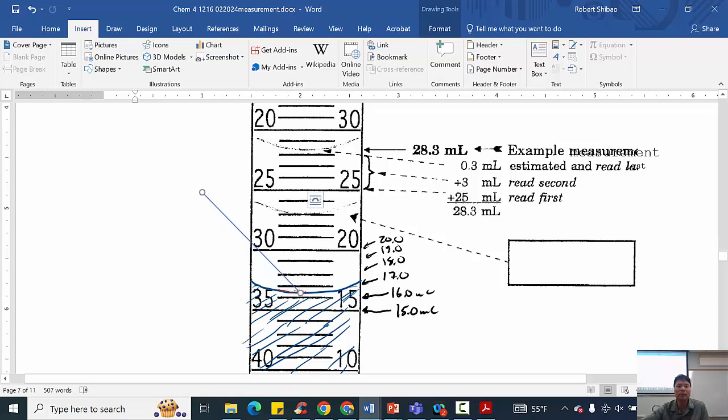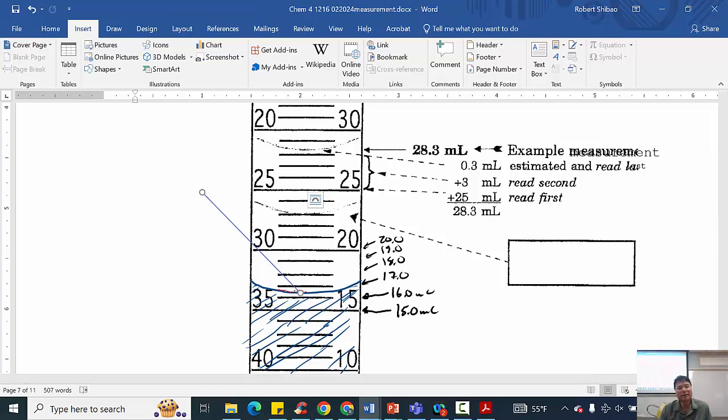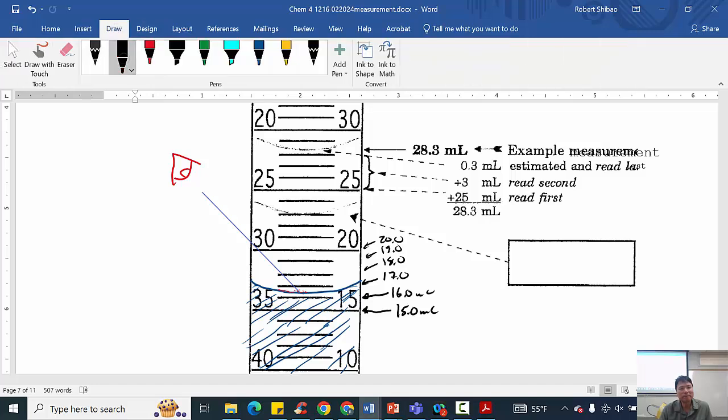I want to measure it at the bottom of the meniscus or the valley. And so, should I have my eye level here? If I'm looking at it here, am I going to get an accurate measurement? No, I'm not. This is close to maybe 16, 17, but this is going to look like it's 18, isn't it? And the same thing here.